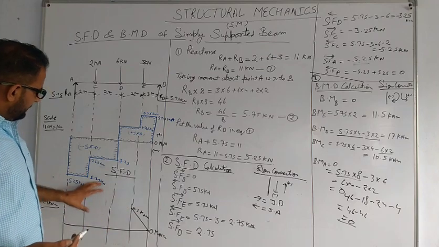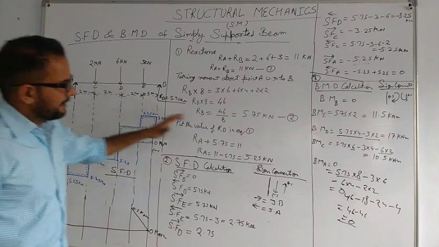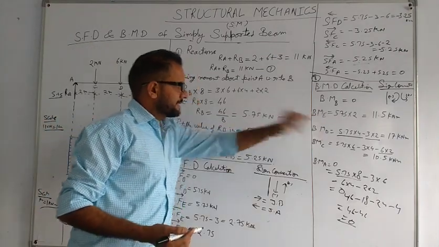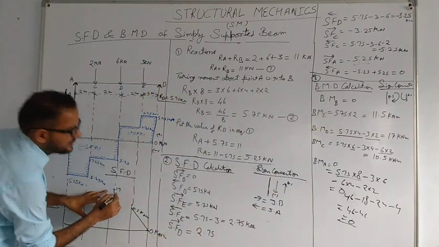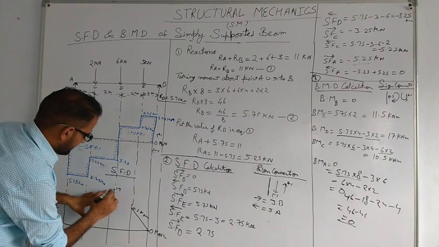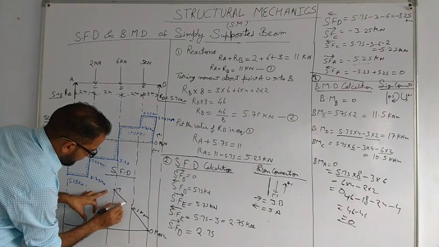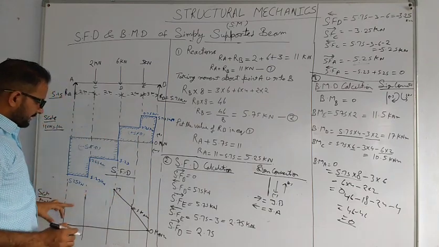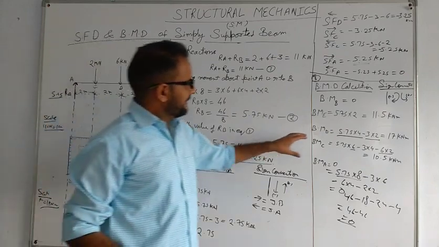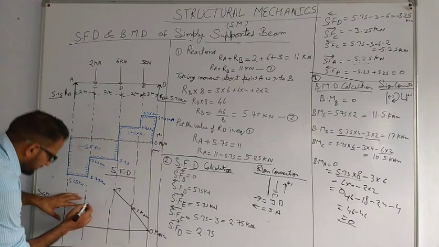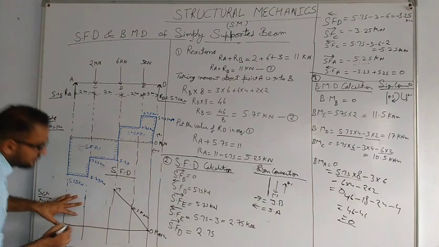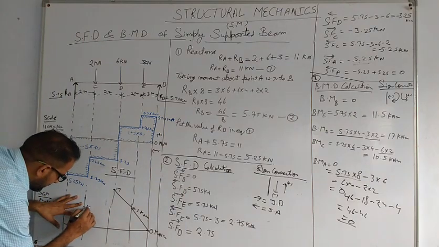Now bending moment at point D is 17 kNm. Here is 11.5, and 17 will be somewhere here. We will join this line this way. Bending moment at point C is 10.5 kNm, which will be near 11.5, here.